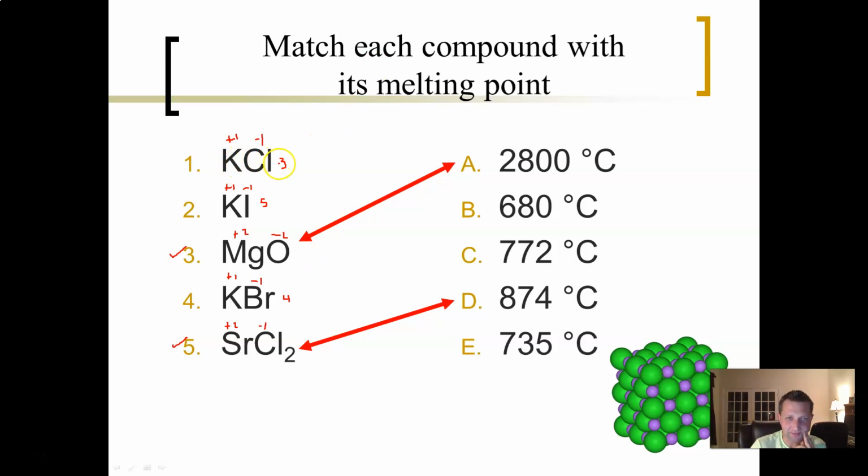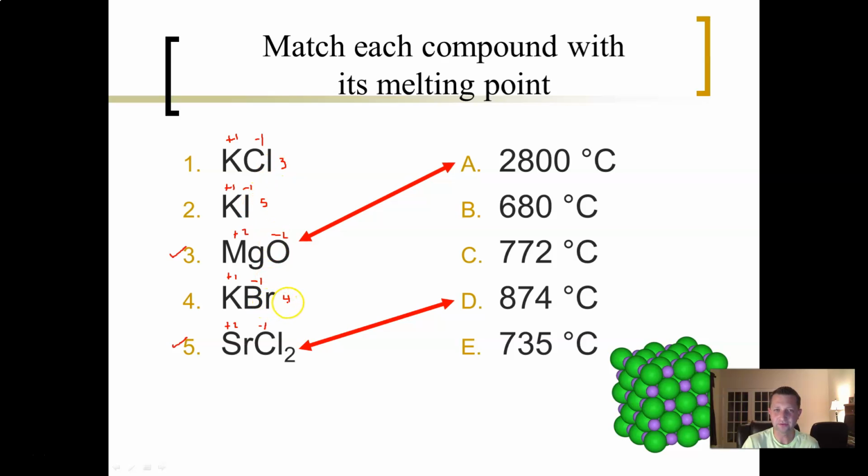Potassium is bonding to these other ions, right? The stronger attraction, therefore the higher lattice energy, is when potassium can get as close as possible to that other ion. So look at number 1, KCl. Potassium can get to within the 3rd level of the nucleus there. For potassium iodide, 5th level.